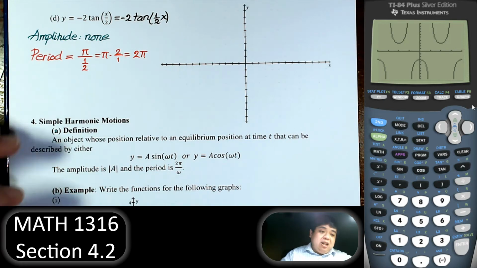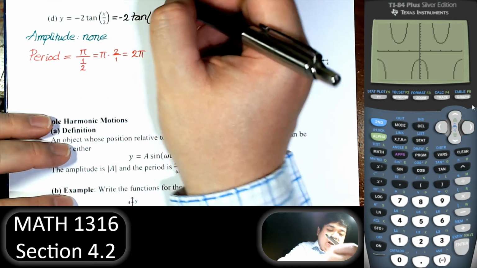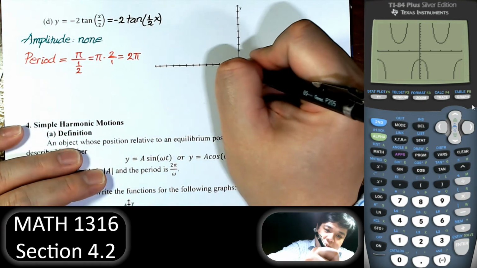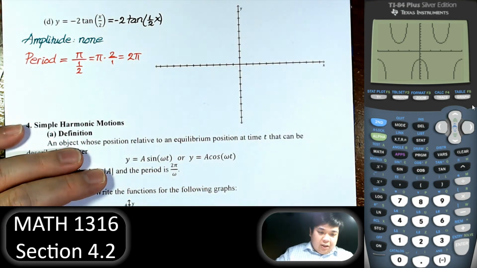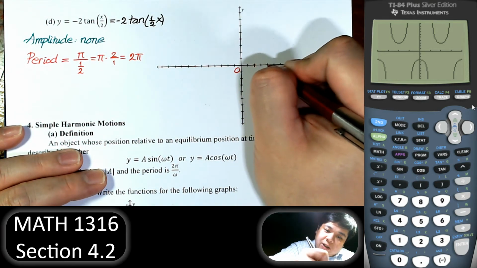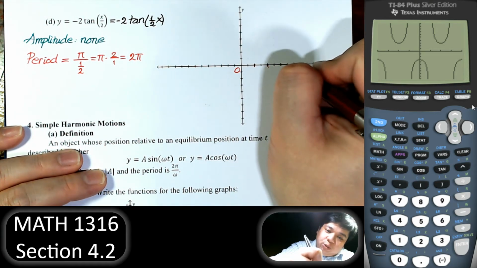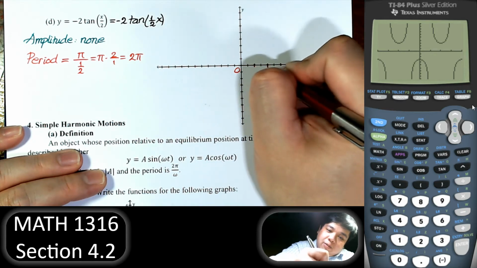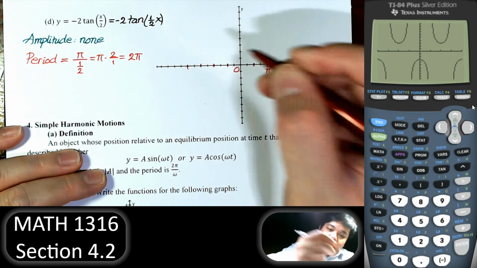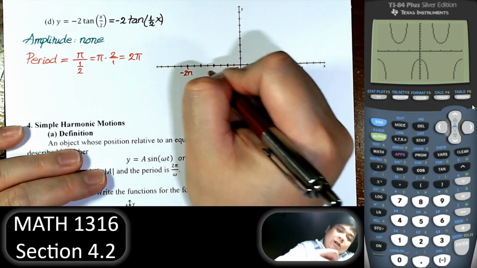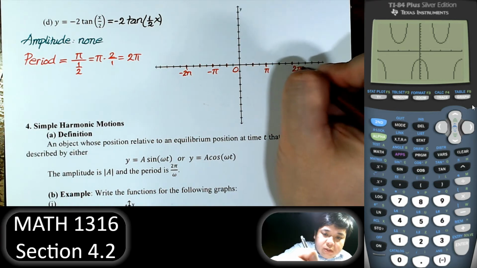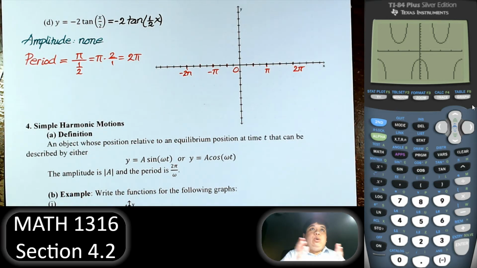So the period is 2 pi, and that much we know. Let's say 1, 2, 3, 4, 2 pi. Half of that is pi, 1, 2, 3, 4, -2 pi, -pi. How do we graph this?